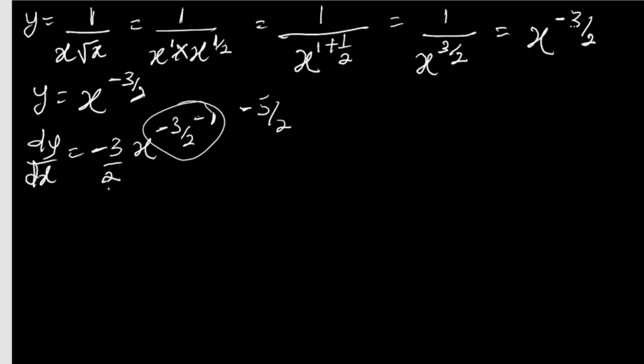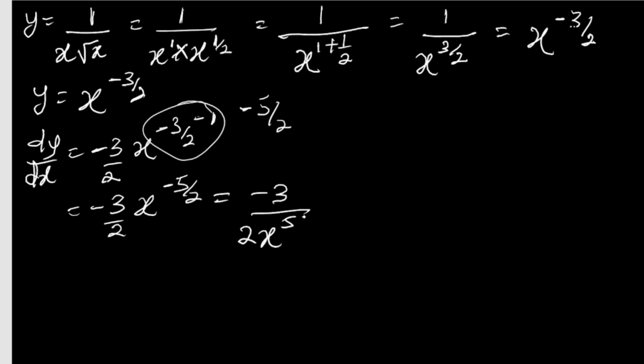So dy over dx is equal to minus 3 over 2, then x raised to the power of minus 5 over 2, which can still be written as minus 3 over 2 times 1 over x raised to the power 5 over 2. I hope you understand that.